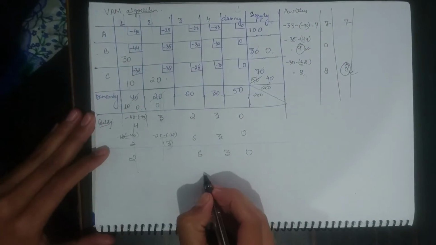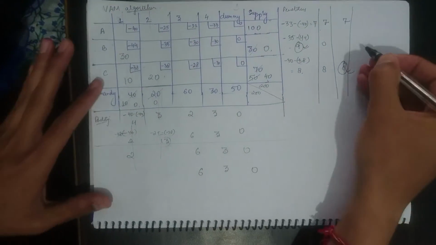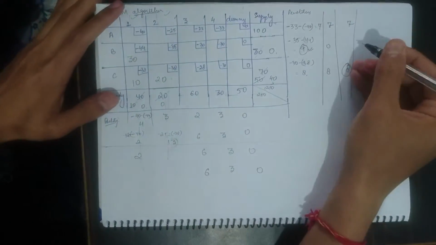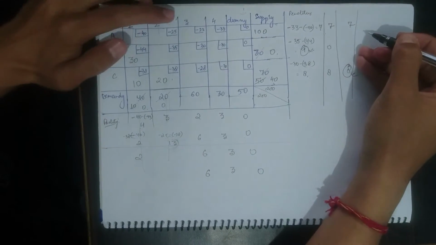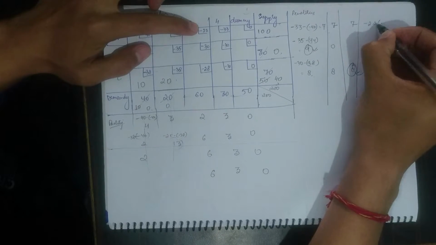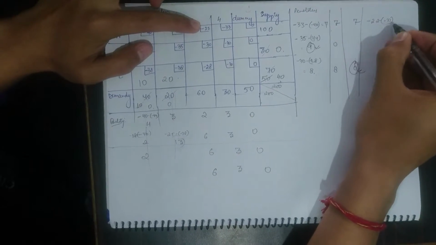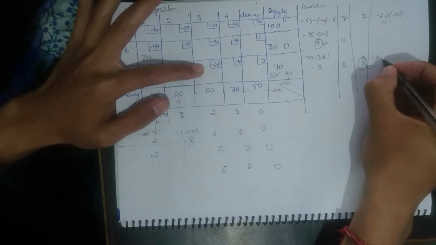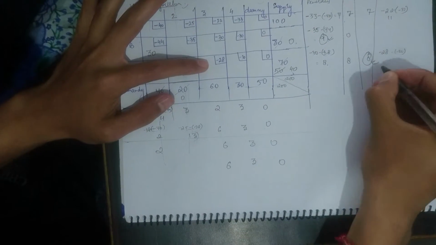This will have no effect in these columns, since the destinations' requirements have been met, so they have vanished. So we are left with minus 22 minus 33, which is 11, and minus 28 minus 30, which is 2.